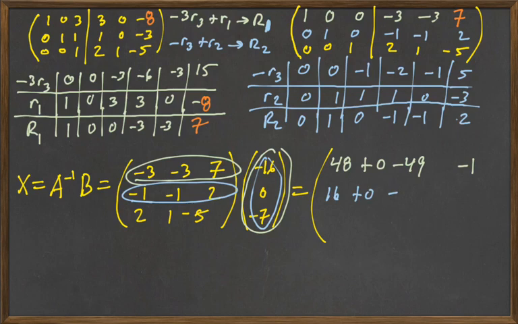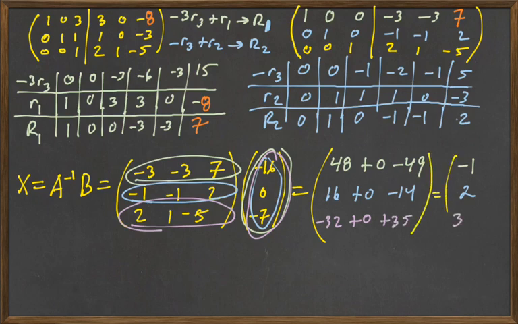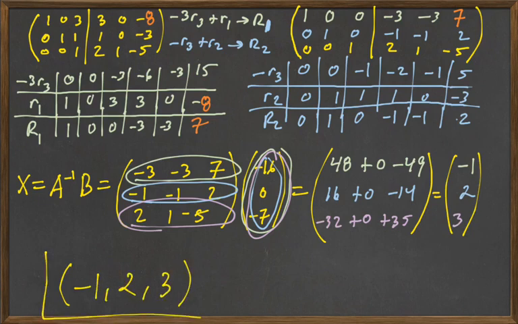And 2 times negative 7 will be negative 14. So then we get 2. And then finally, row 3, column 1. 2 times negative 16 is negative 32. 1 times 0 is 0. And negative 5 times negative 7 is positive 35. And so that gives us 3. And so our ordered triplet is minus 1, 2, and 3.